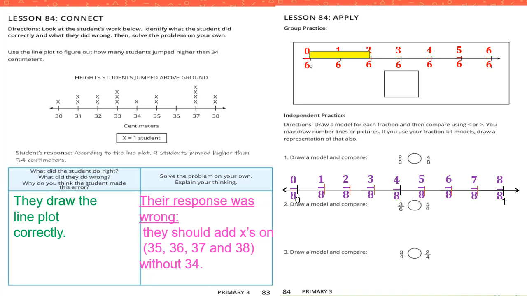You should start from the starting point 0 till the fraction, okay? So 2 over 8, join between 0 over 8 till 2 over 8. To represent 4 over 8, you should also start from 0 over 8 till 4 over 8. Which is bigger here, the red line about 4 over 8 or the yellow line about 2 over 8? Yes, it's clear, 4 over 8.